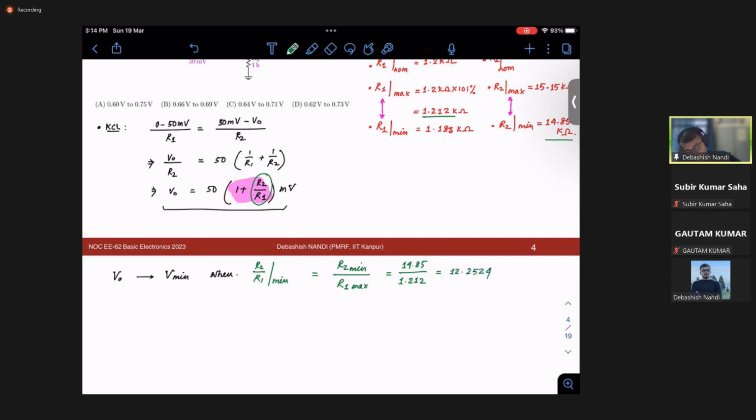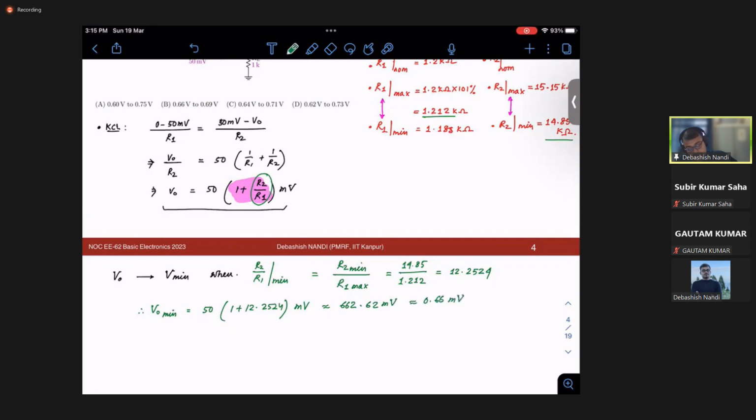So your V0 minimum is 50 times 1 plus 12.2524 millivolt, and that is 662.62 millivolt.